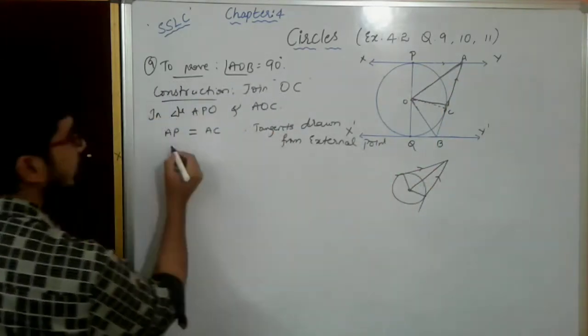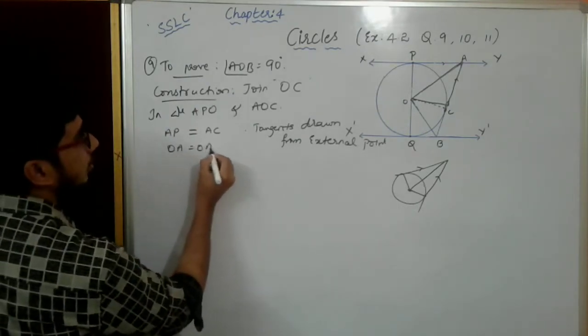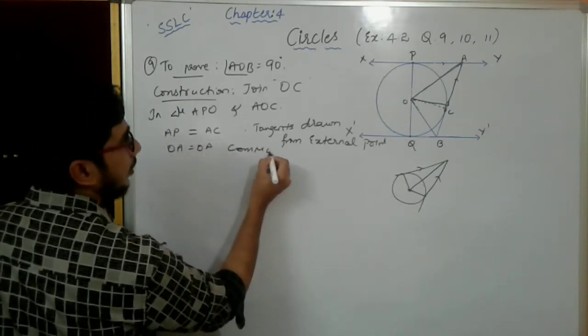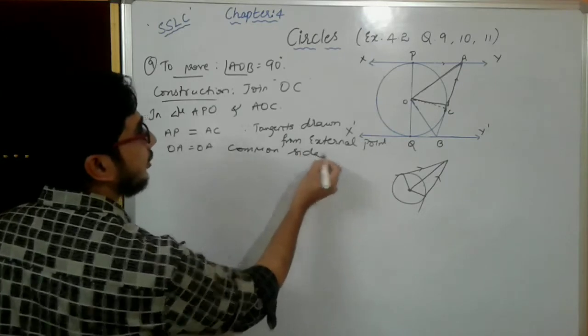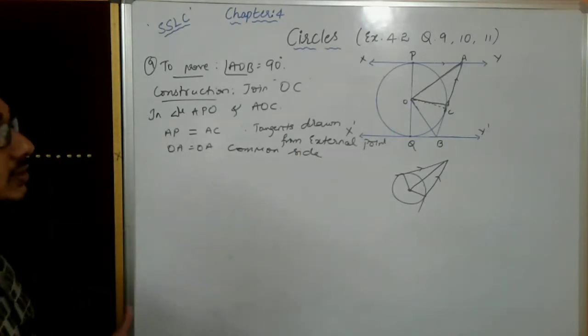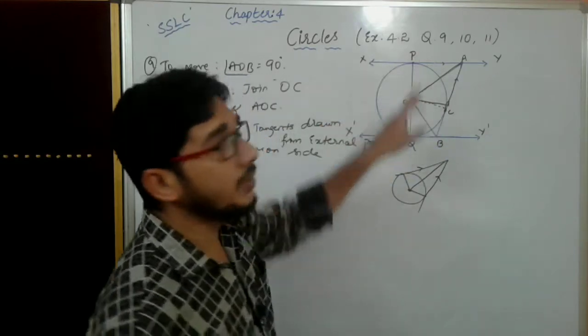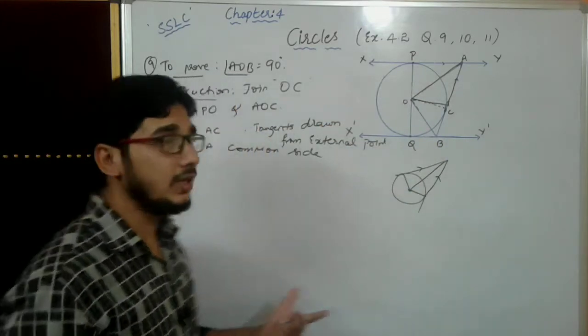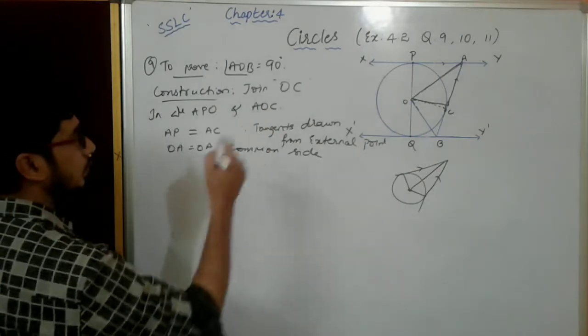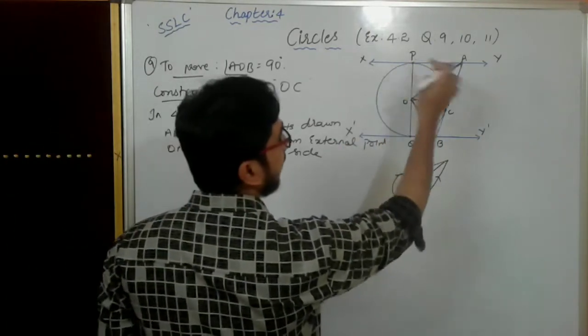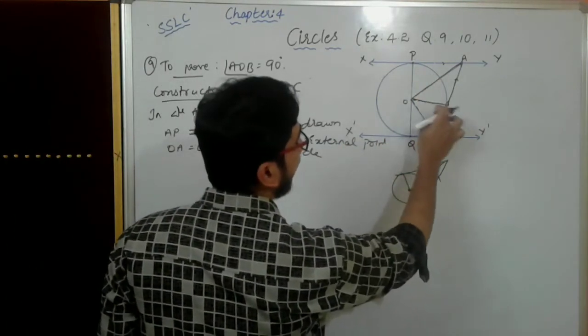So OA is equal to OA, a common side for both the triangles. Obviously OC is equal to OP. Why? They are radii. Two radii are also the same; if it is 5 centimeters, this is also 5 centimeters.